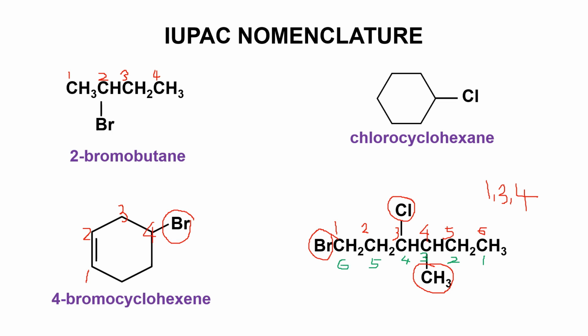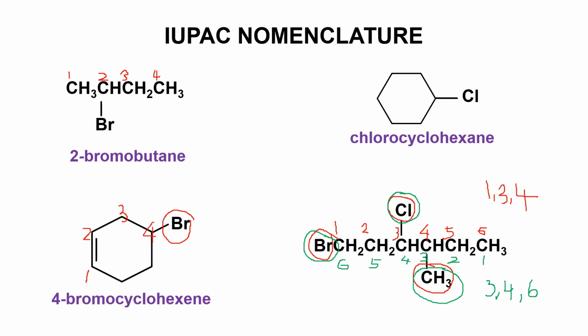So you will get methyl as the first substituent with position number 3, chlorine as the second substituent with position number 4, and bromine, the third substituent, with position number 6. So the set of locants is 3, 4, 6. So we have to choose the lower set of locants.